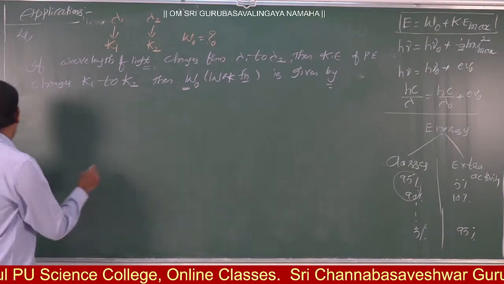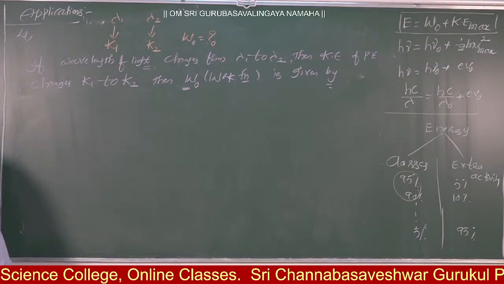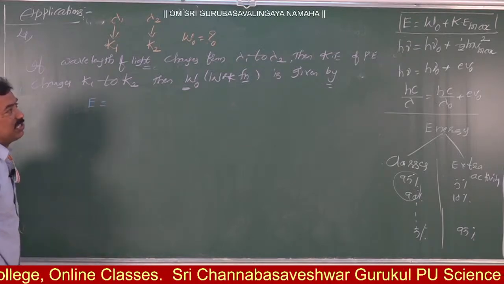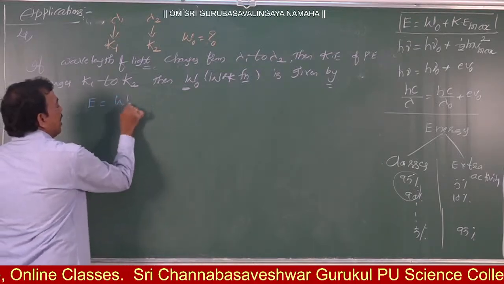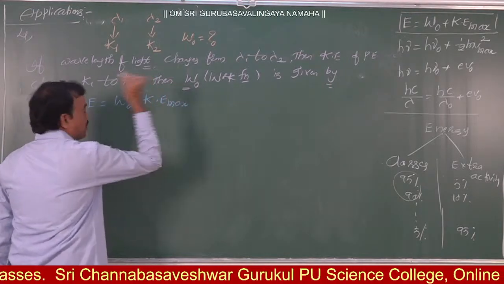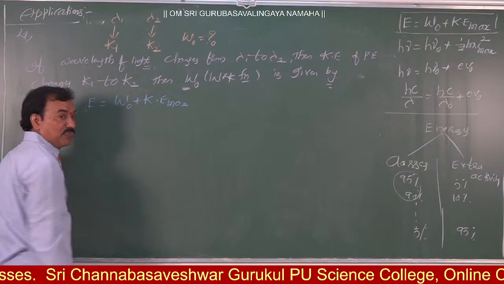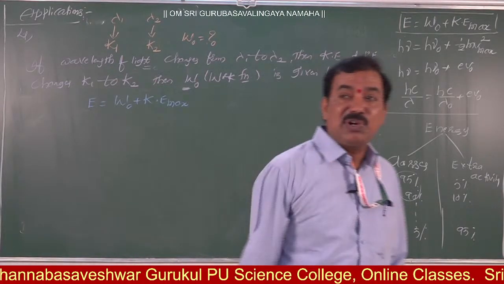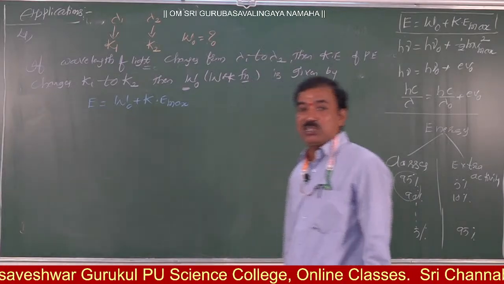What is the equation here? The energy is equal to W naught plus Ke maximum. So now you have to think about what the value of E is, what the value of W naught is, and how much Ke max is.